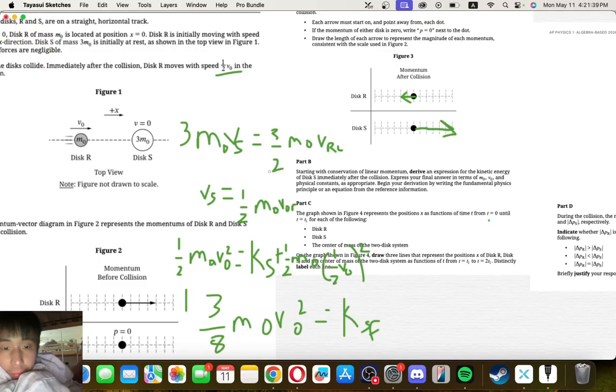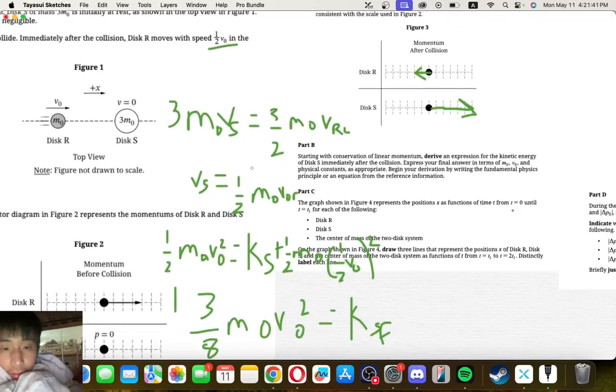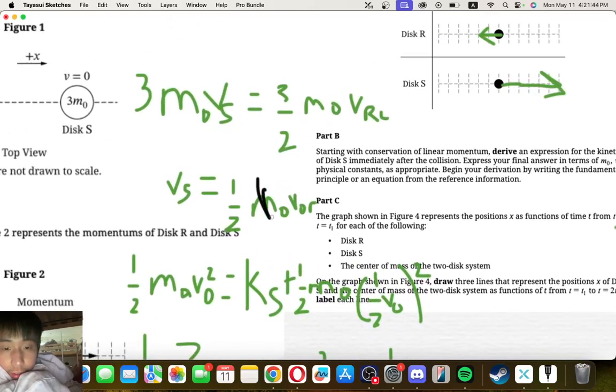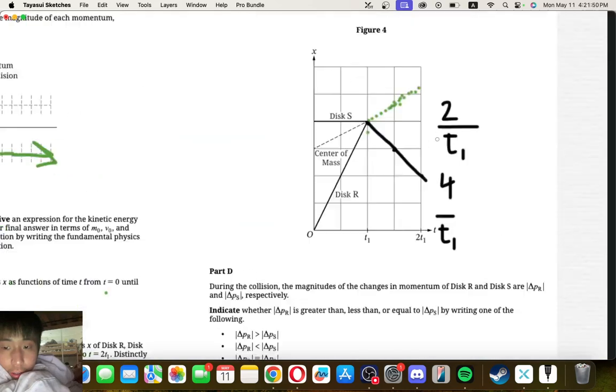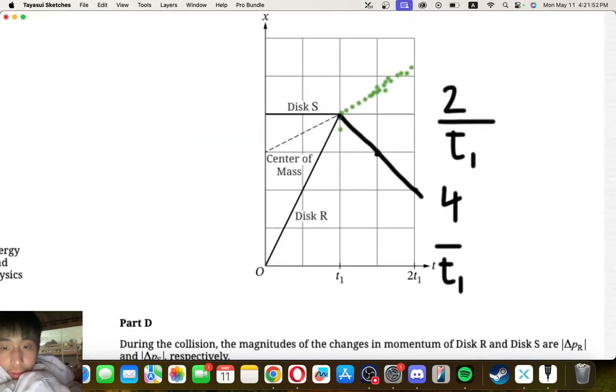So VS, I have to get rid of MO. So, yeah, it's the same as well. So, minus 2, okay. So, two twos.